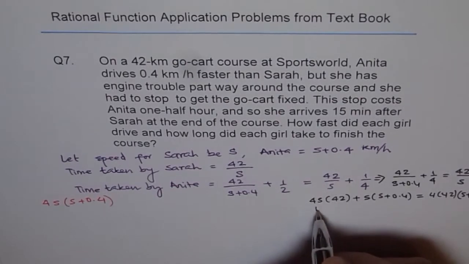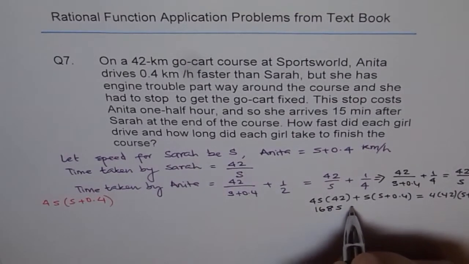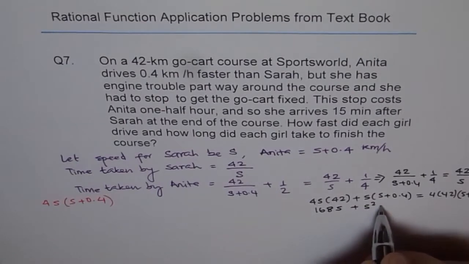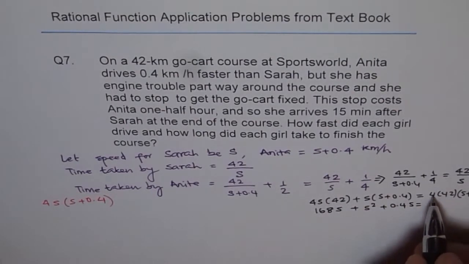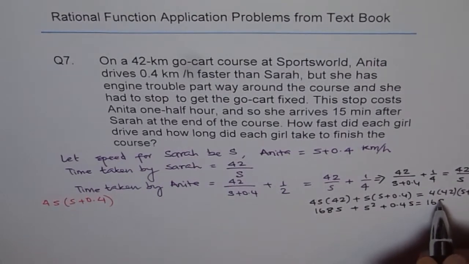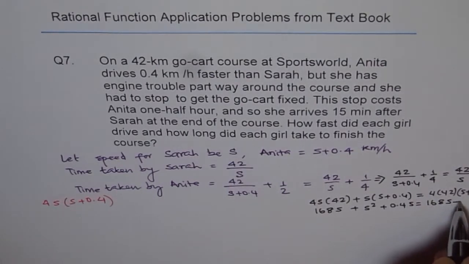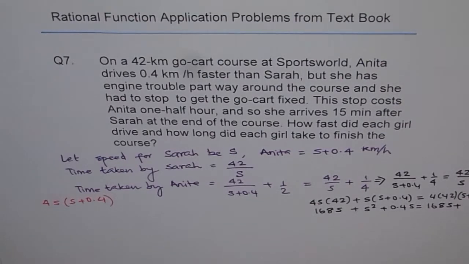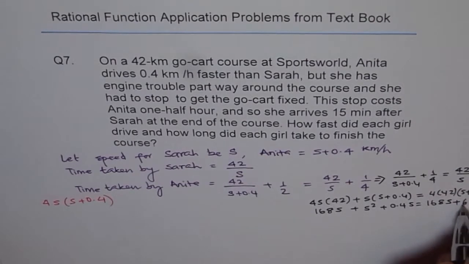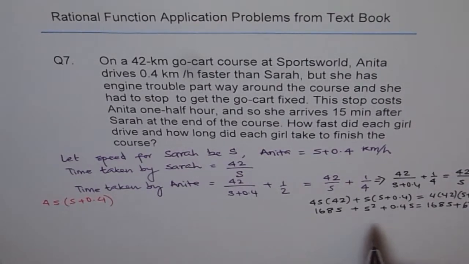So 168s plus s square plus 0.4s equals 4 times 42, so 168s plus 168 times 0.4, which gives me 67.2. So I have 67.2 here, right?